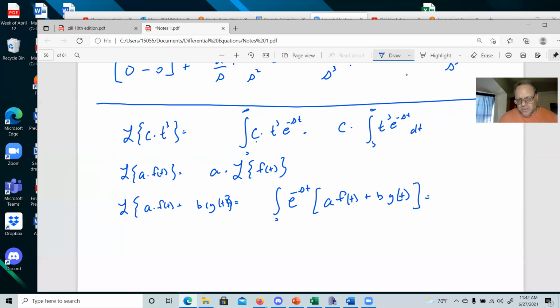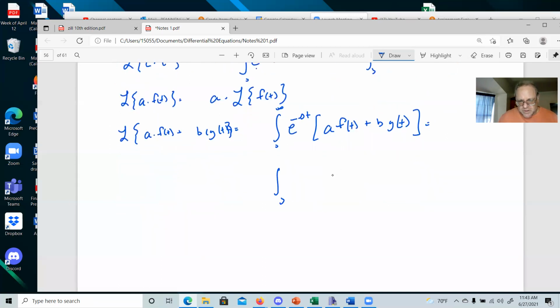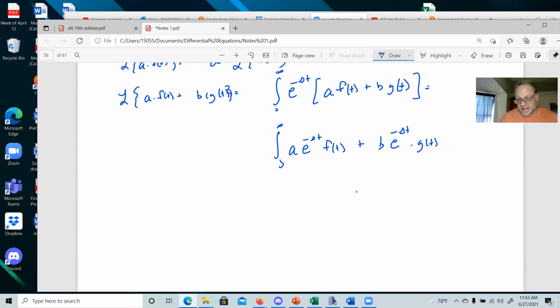Which is equal to the integral from 0 to infinity of a e to the negative st times f of t plus b e to the negative st times g of t, because that's how distributing works. And then with integrals, we can integrate each one of these things.